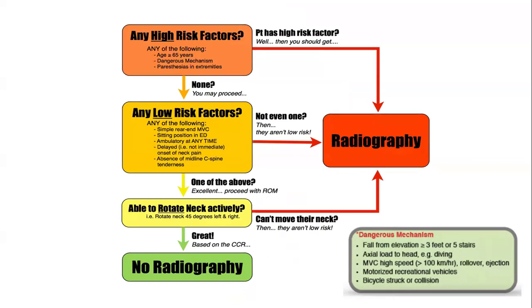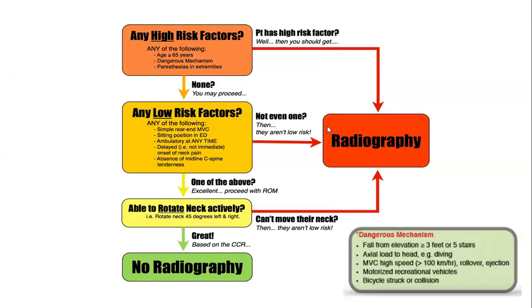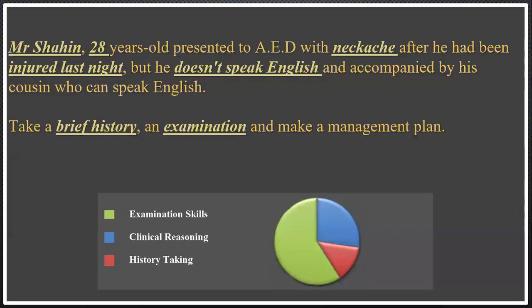Regarding the patient, if he has any high risk factor, for example, he's 70 years, so you will do radiography, of course, but for the purpose of the exam, you will continue asking about the high risk factors and the low risk factors as well. So for Hadil, the patient is 70 years, so you don't need to do movement, but you have to show the examiner.